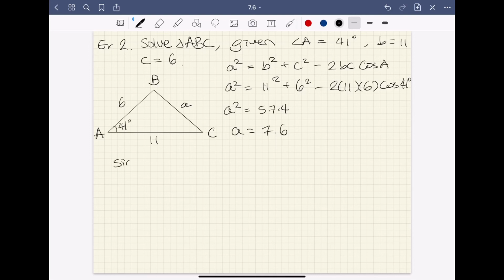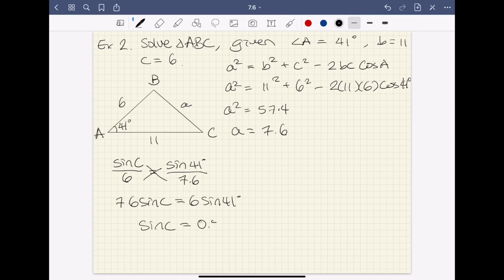So sine C over 6 will be equal to sine A over a, so sine 41 degrees over 7.6. Cross multiply. 7.6 sine C is equal to 6 sine 41 degrees. And so sine C is equal to 0.518.